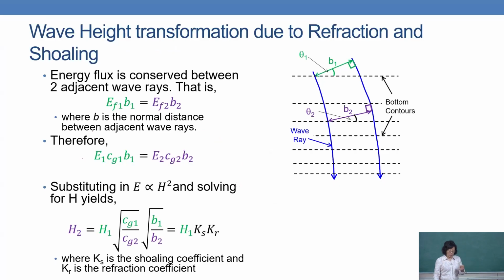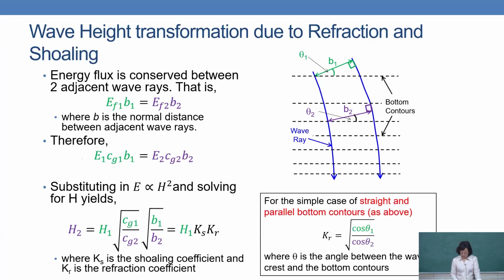And again, we are also able to use a wave transformation to do the analysis of the energy again, but this time we are using it for the refraction and the shoaling. So we are able to get the refraction coefficient. That will depend on the angle, okay? So one is theta 1, and then theta 2.